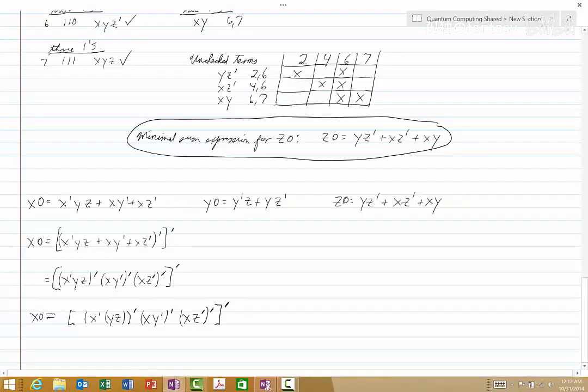And now for Y0, we have y prime z, or y z prime, primed, primed.